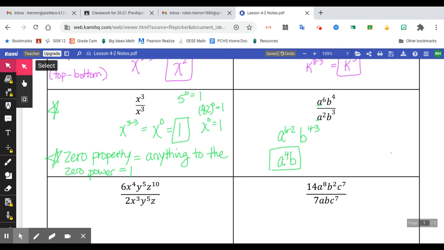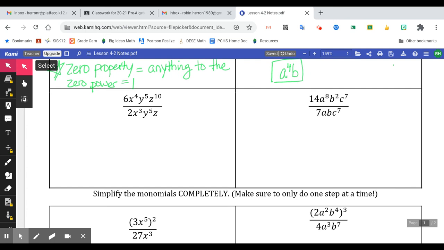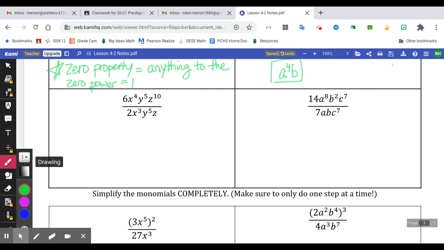Okay? Scrolling down, getting a little bit more involved. Now I actually have that coefficient out in front that I was talking about, and we have 3 variables. So if we look at just the 6 over 2, 6 divided by 2, because it's a division problem, would give me 3, right? And then I'm going to look at bases that are the same.